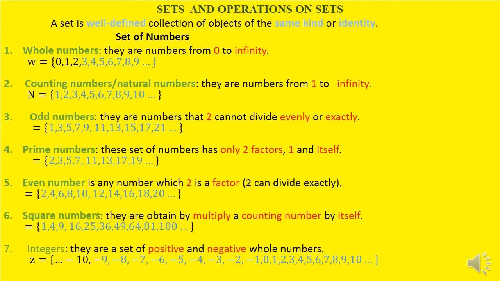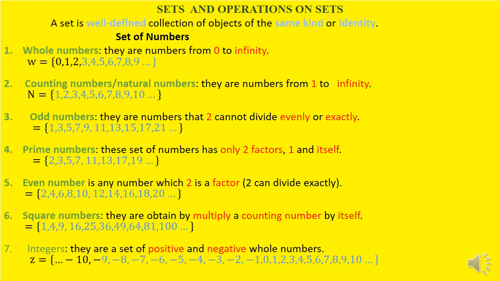We also have even numbers. When we say even numbers, they are numbers which 2 is a factor of. It means that any number that can be divided exactly by 2, with no remainder, belongs to the set of even numbers.